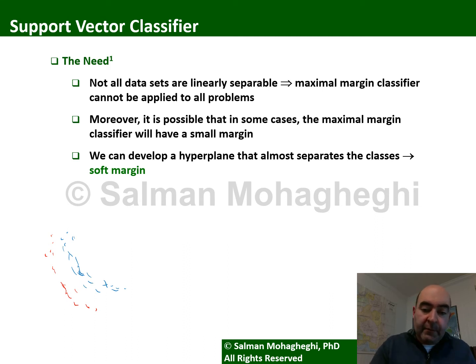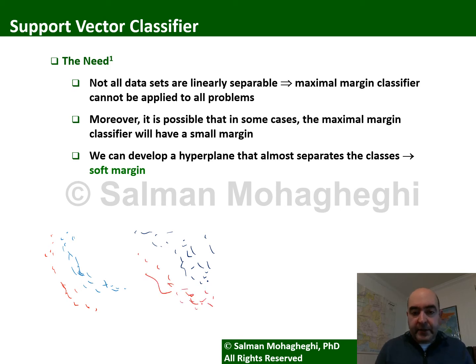Again, imagine a problem like this. Imagine you have class blue like this, and you have class red like this. Now here, the maximum margin classifier might actually recommend a line like this. Imagine this is a linear line that separates class blue from class red.